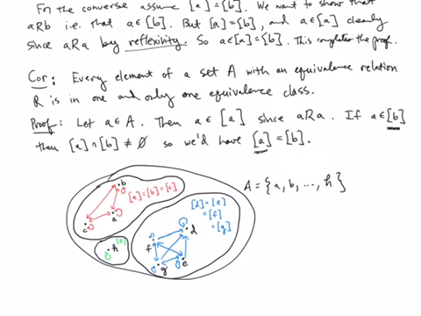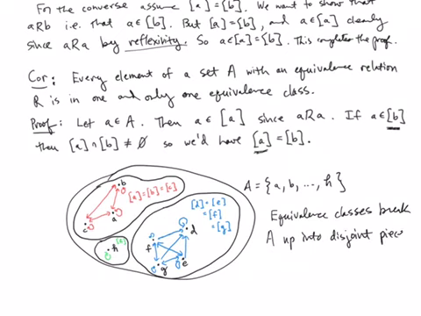So basically the equivalence classes break A up into disjoint pieces, and this is called a partition. It's called a partition of A.